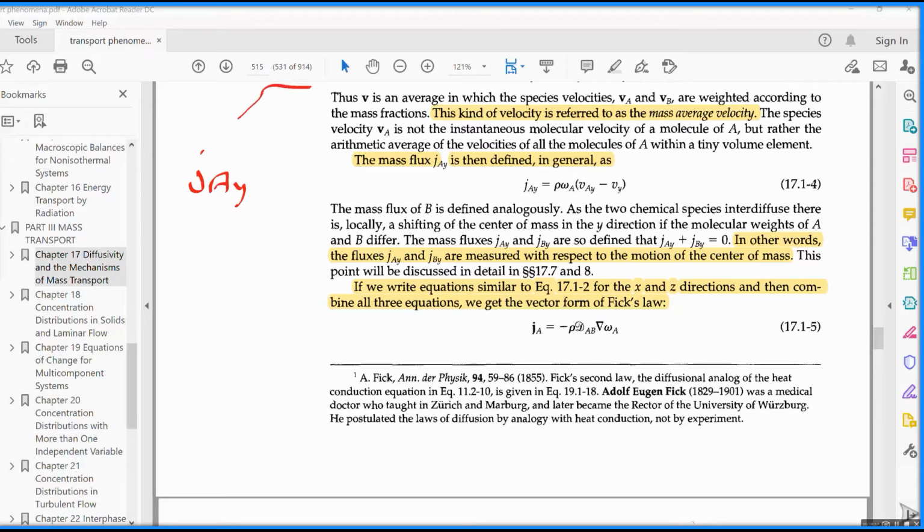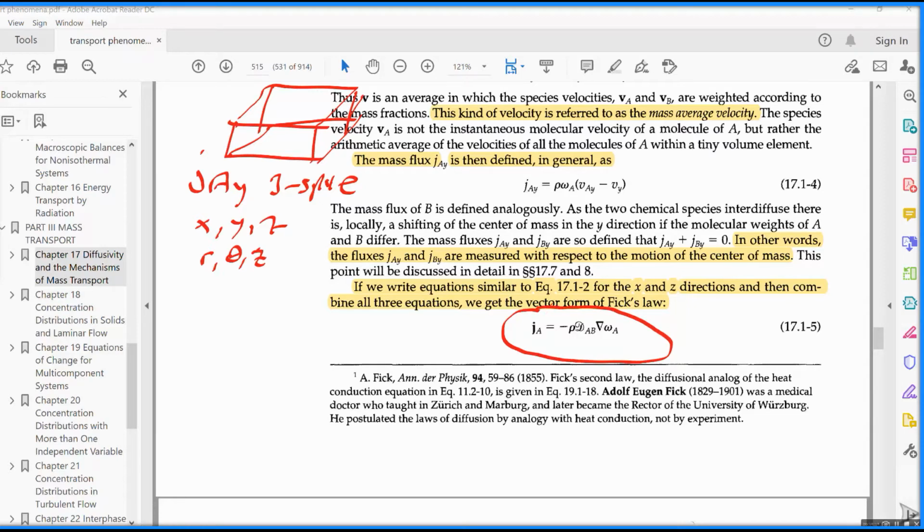But let's think about a system, a control volume, in three-dimensional space. In rectangular coordinates we will have x, y, z, or in cylindrical coordinates we will have r, theta, and z, and similarly in spherical coordinates. Then we can generalize Fick's law in three-dimensional space by this formula.